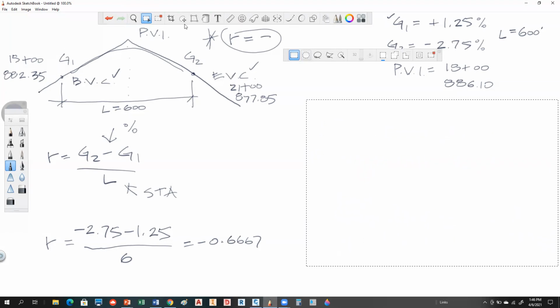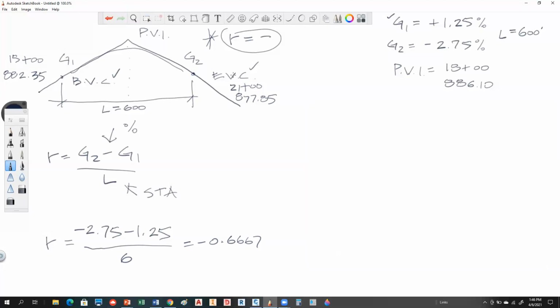The equation of the parabola says that y, being the elevation at any point on the curve, and that's what that reference is, your elevation, is equal to R over 2 times x squared plus G1 x plus the BVC elevation.